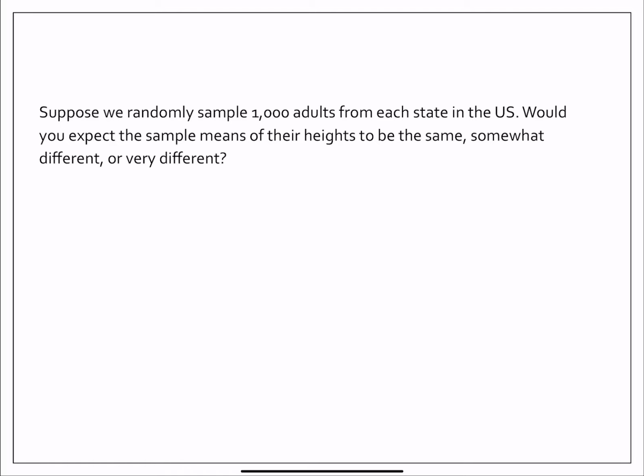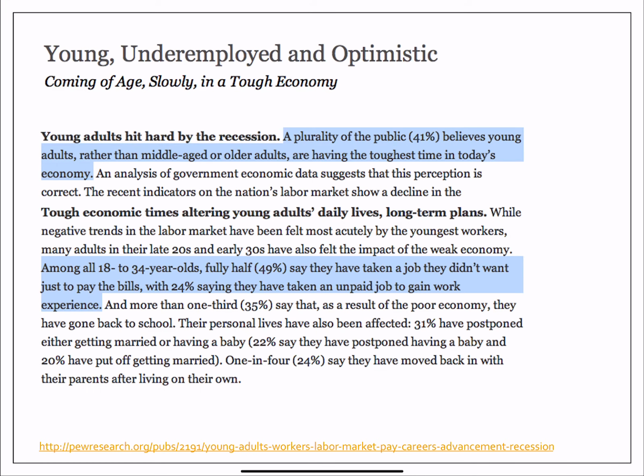There may be some outlier states, like maybe people are really, really tall in Alaska, and maybe people are really, really short in Hawaii. I don't know. But there might be some variation. But we would generally expect that all of them will be just a little different, if not very, very close to the same.